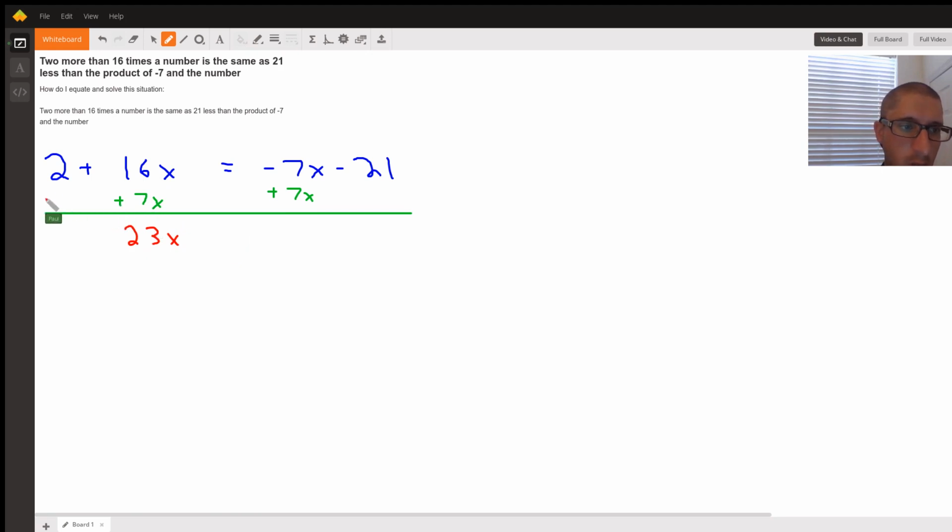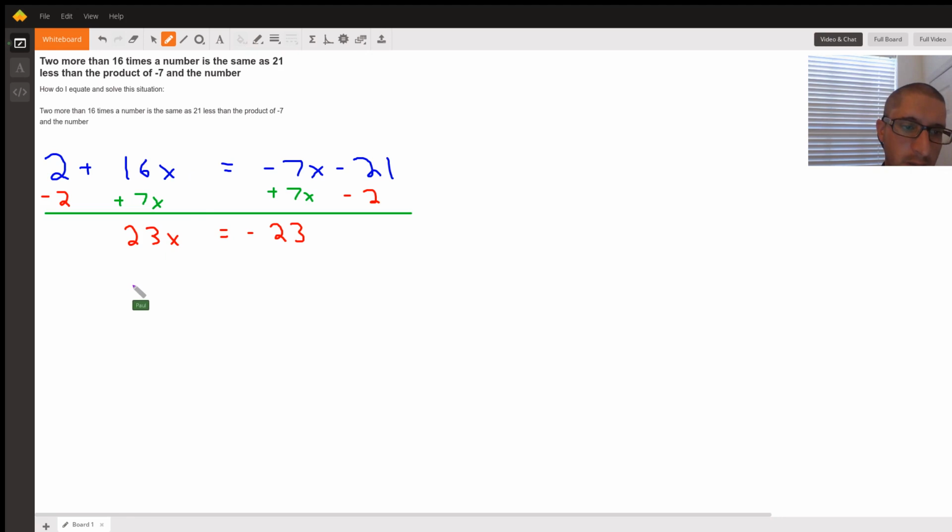Okay, and then we'll get the numbers over on the other side. So I'll subtract by 2. There won't be any numbers over here. 2 minus 2 is 0. But on the right-hand side, we would get -21 minus 2, which equals -23. Hey, that's lucky. These two numbers are basically the same except for the plus and minus.